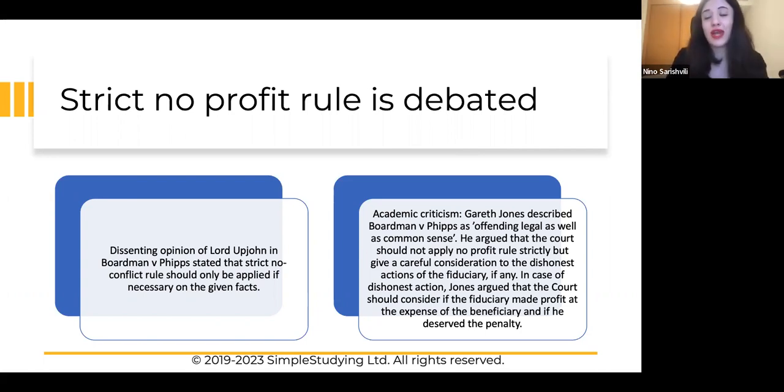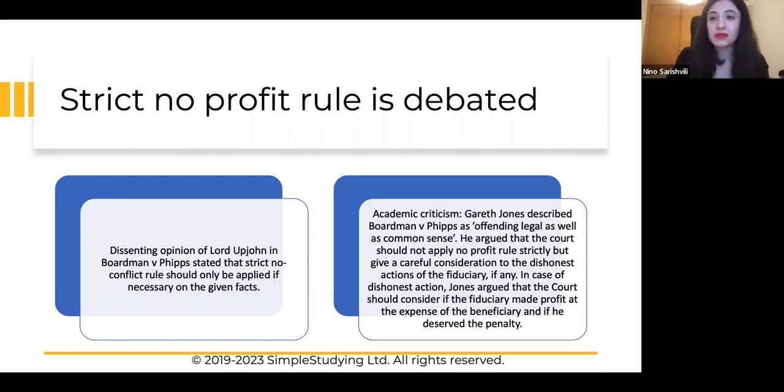He said that first we have to consider the facts of the case, and if the facts of the case require so, only in that case we impose the strict no profit rule. But we should always consider the facts of the case first. That was an indication that we have to consider if the fiduciary acted in good faith or bad faith before imposing the liability for breach of fiduciary duties.